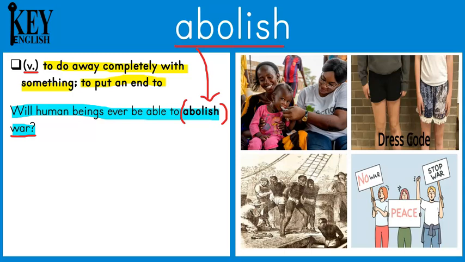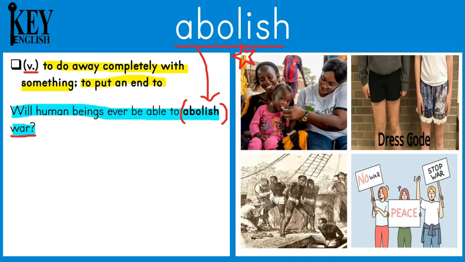Some other examples of things that we might want to abolish are things like hunger. So I can make a sentence such as, "Many people hope to abolish hunger around the world. We want to make it so that no one is ever hungry again."